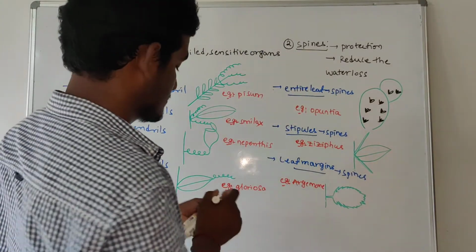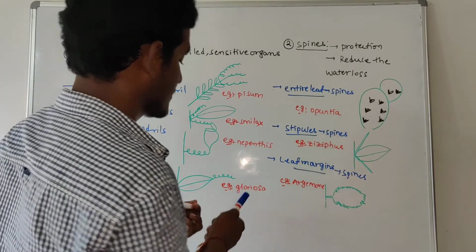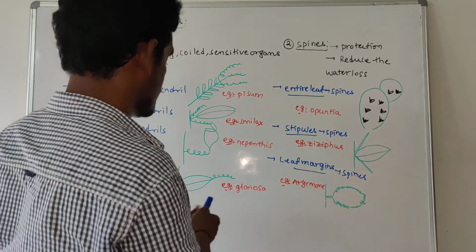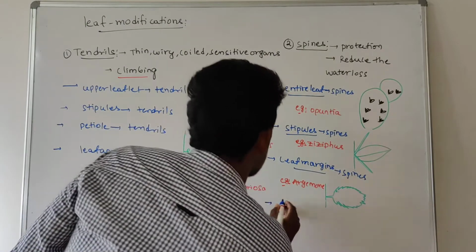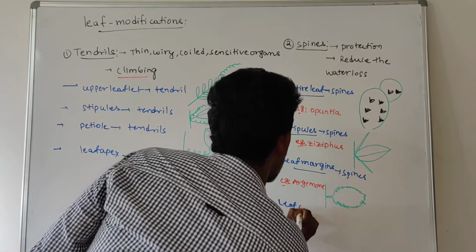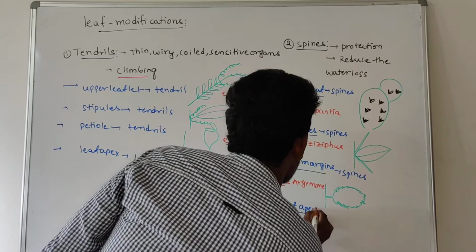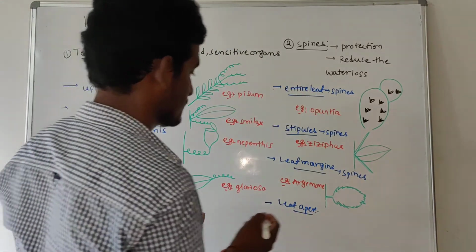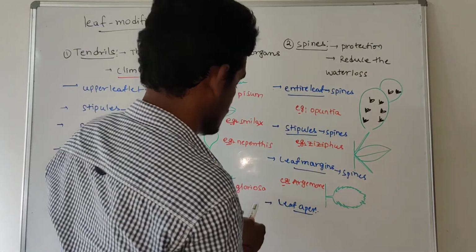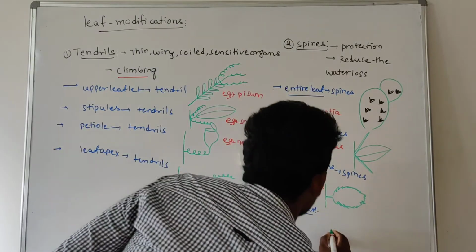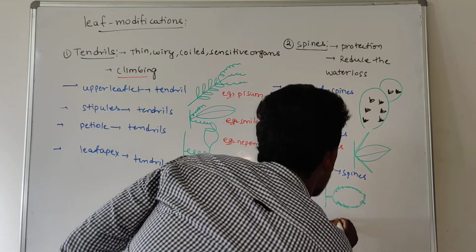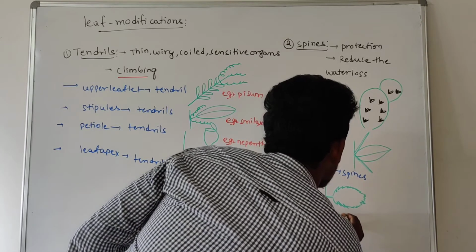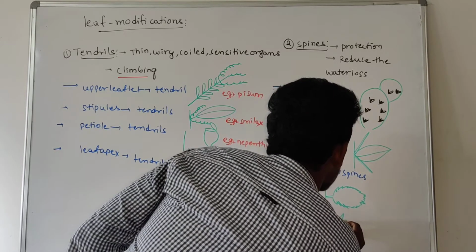In some plants, the leaf apex may be modified into spines. If you take aloe vera, if you see the plant, the leaf apex may be modified into spines.